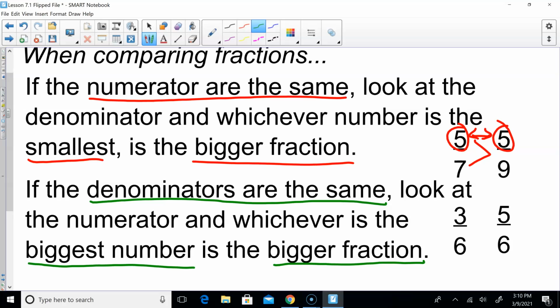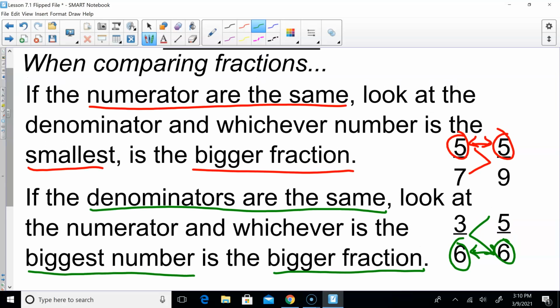They're both 6 here, so they're the same size, which means would I rather have 3 or would I rather have 5? If I want more, I would like to have 5/6. So if the denominators are the same, you look to see which numerator is bigger, and that is the biggest one. Pause and write these notes down to help you along with the examples, because this is pretty much the premise of this lesson.